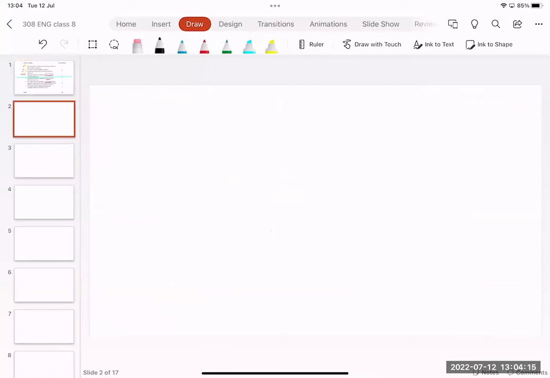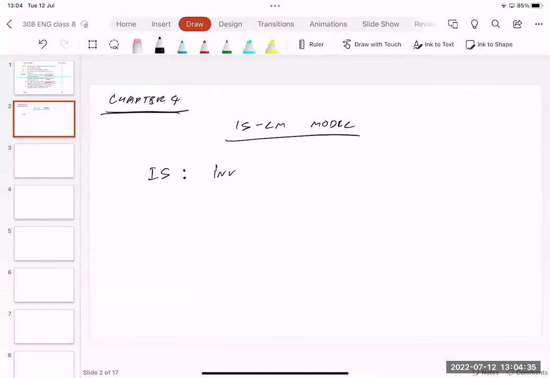Okay, let's start. Chapter 4 is going to be the story about the IS and LM model. The word IS comes from investment and saving.